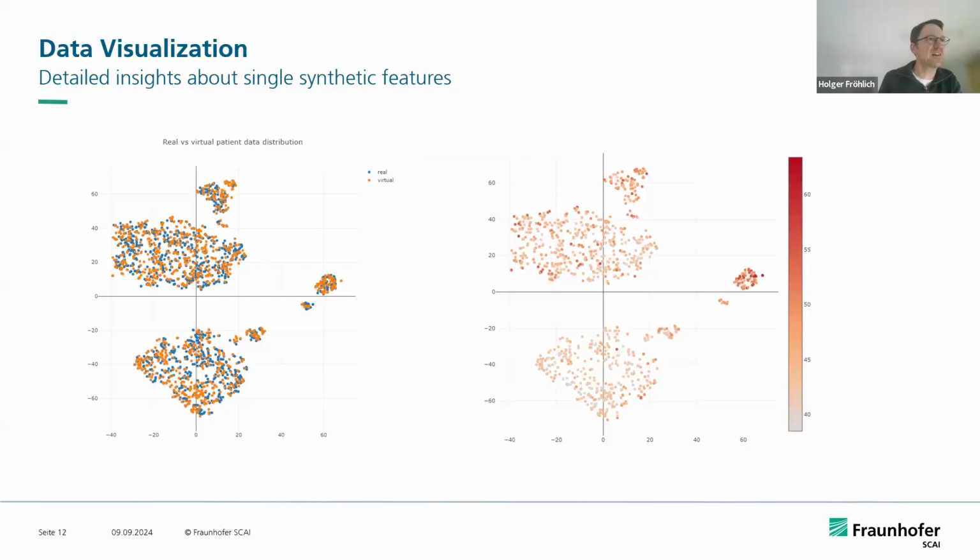On the right-hand side, simultaneously, an outlier score is calculated. Basically, the more red, the higher the flag that this particular synthetic data point might be somehow abnormal in whatever sense compared to the real data. That could mean that there is something that is an artifact compared to the real data.